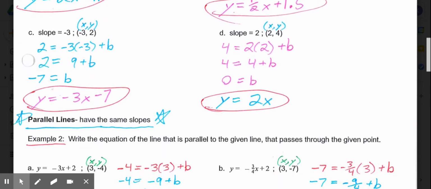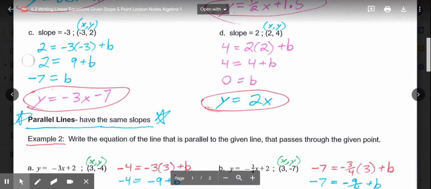Two more examples. Again, plug in the info we know into y equals mx plus b. We have the slope, -3, which is always m, and then the point, -3, 2. So our equation becomes 2 equals -3 times -3 plus b.